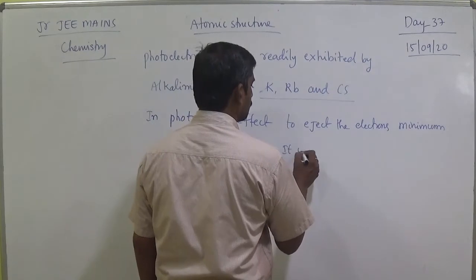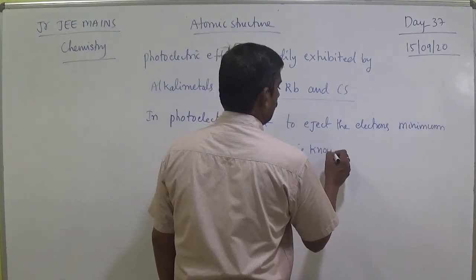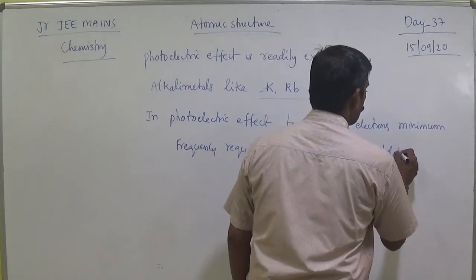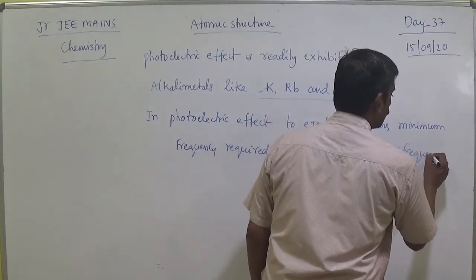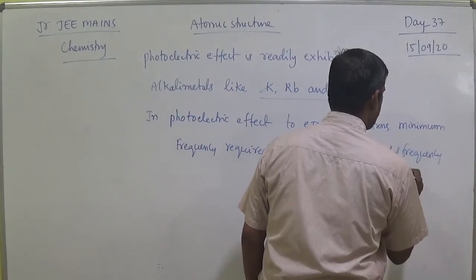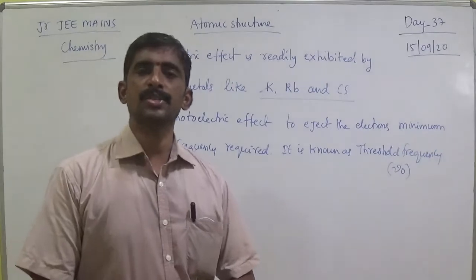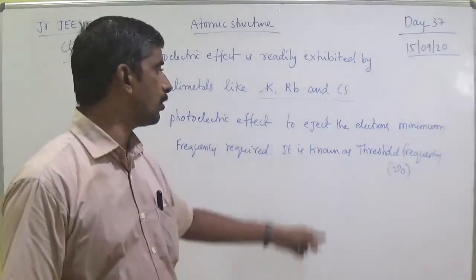It is denoted by the symbol nu naught. Nu means frequency, nu naught means threshold frequency. Threshold frequency symbol: nu naught.